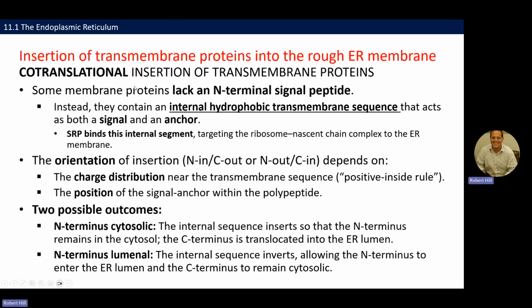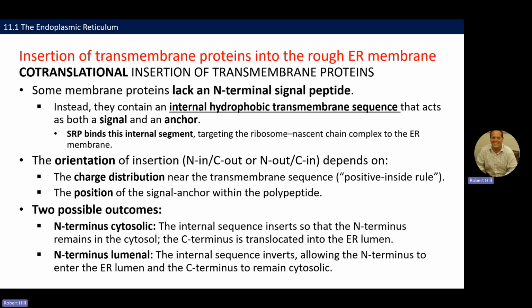All right, so some membrane proteins, though, lack an N-terminal signal sequence. Instead, they have an internal hydrophobic transmembrane sequence. Just like the N-terminal signal sequence before acted as a binding site for the SRP, these hydrophobic transmembrane sequences that are inside the peptide can also act as anchors for the SRPs.